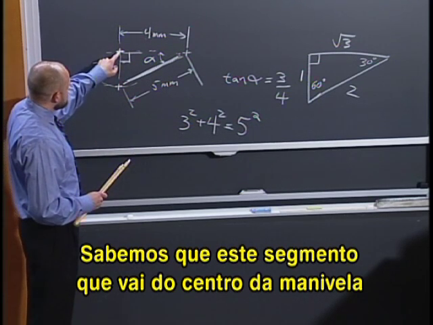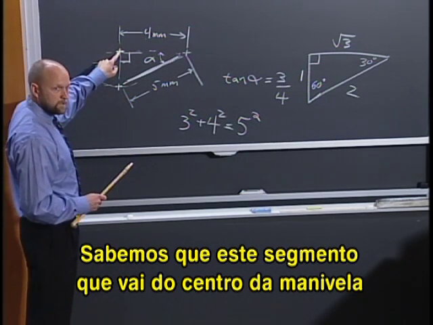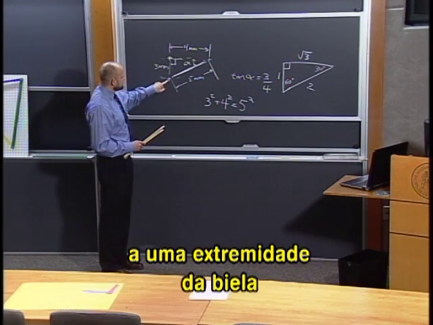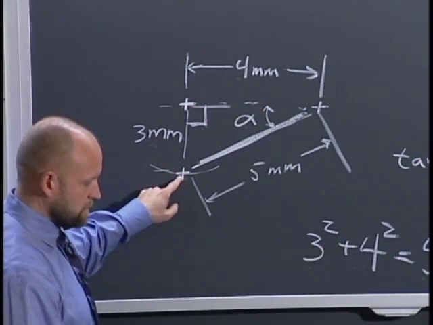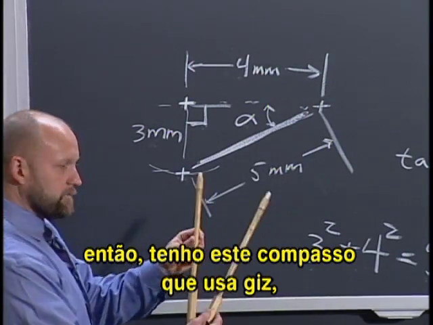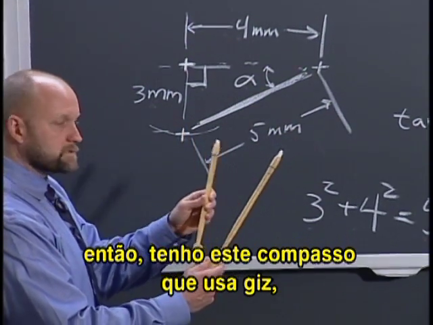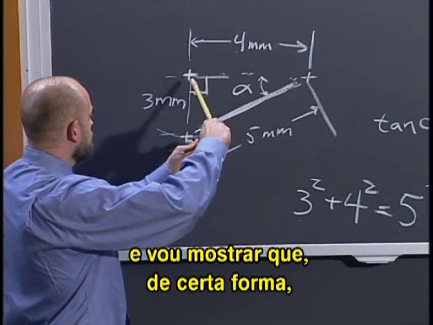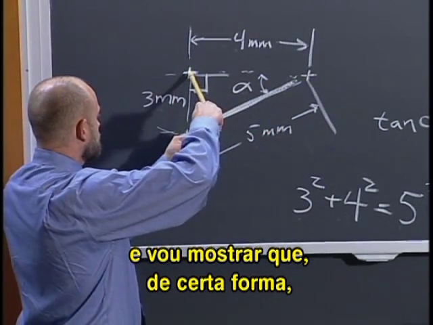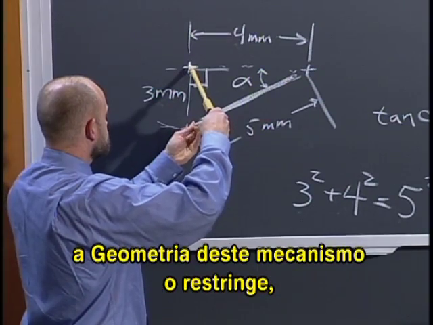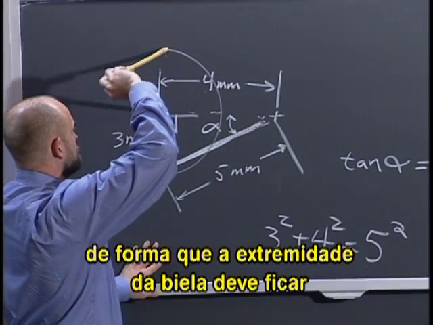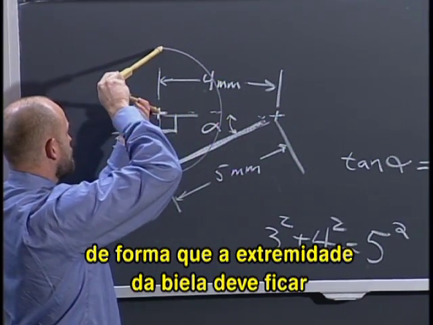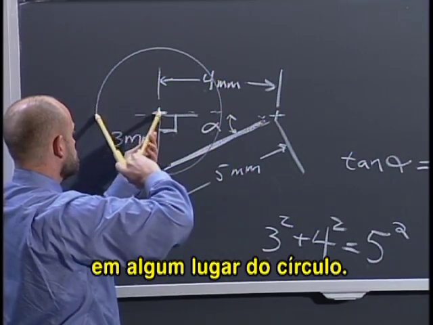We know that this link that goes from the center of the crankshaft to one end of the connecting rod constrains it to move in a circle. We talked about that, and so I have this device here that basically works like a compass except with chalk, and what I can show is that the geometry of this mechanism constrains the end of the connecting rod to be somewhere along this circle.